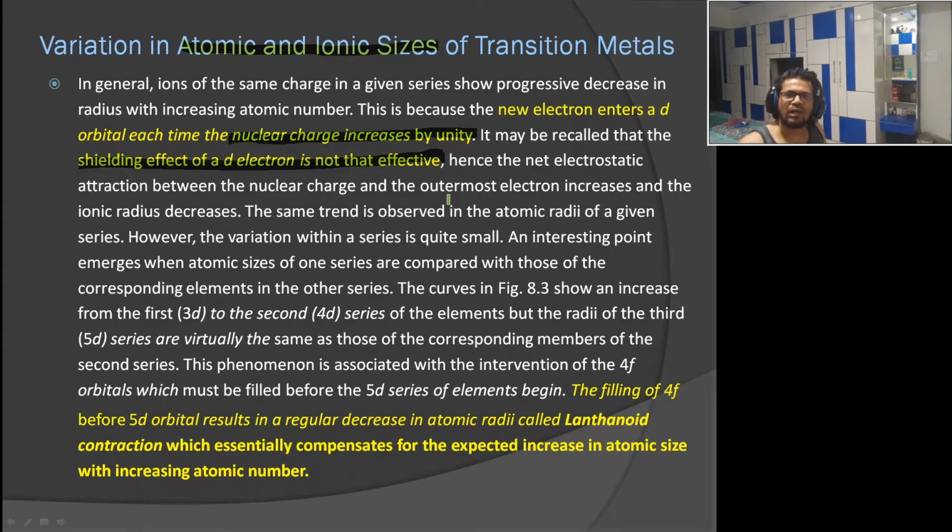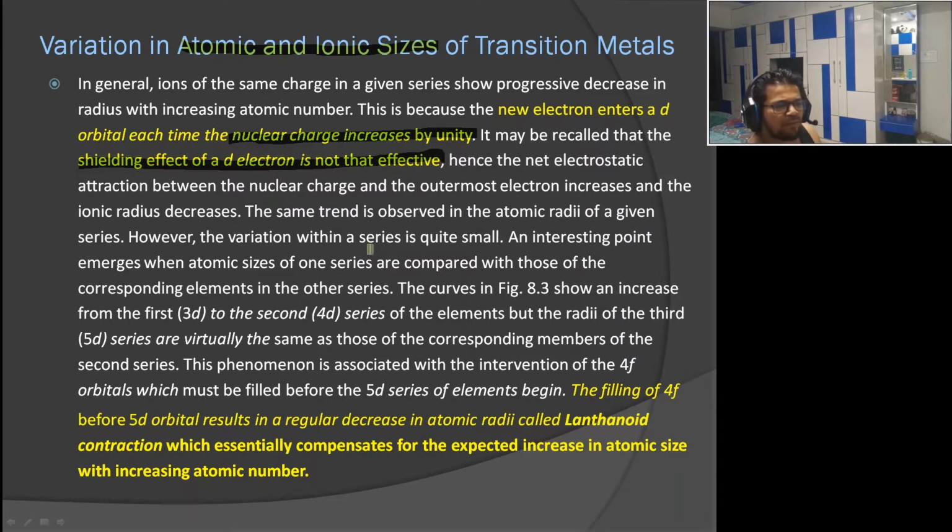That's what we call the shielding or screening effect, shielding the valence electrons by the inner electrons. By the shielding order, s electrons are shielded maximum because they are very near to the nucleus, then p, then d and then f. So the order is s greater than p, greater than d, greater than f.